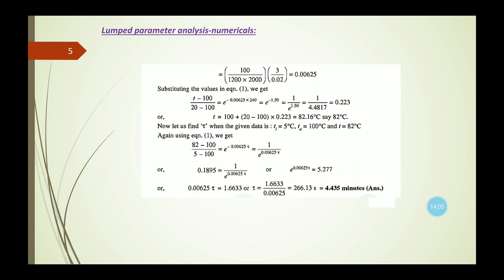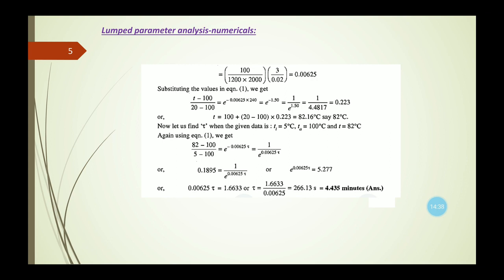When we need to find tau, we need to find this time when Ti is 5 degrees centigrade, the ambient temperature is 100 degrees centigrade, and T is 82 degrees centigrade that we have calculated just now. If we put all these values of the temperature in the lumped parameter analysis equation, then ultimately we can calculate the value of the time, that is tau, as 266.13 seconds, that is 4.435 minutes.